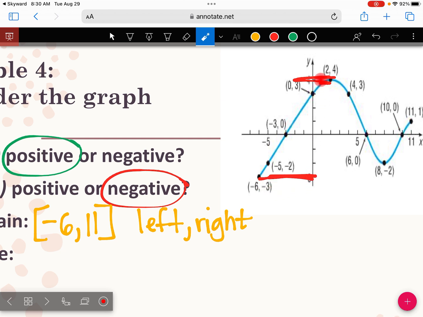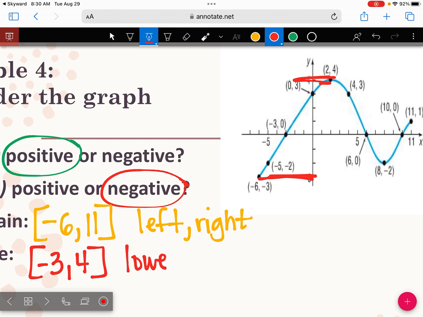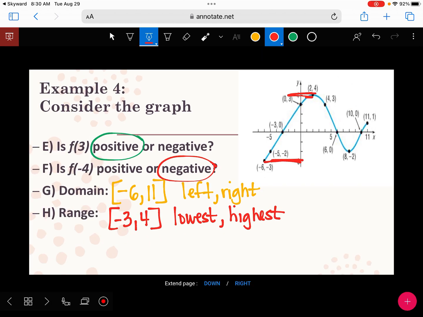And the highest it reaches is here, which is +4. So our range is -3 to +4 with brackets. That's the lowest to the top. And that's how you're going to read domain and range.